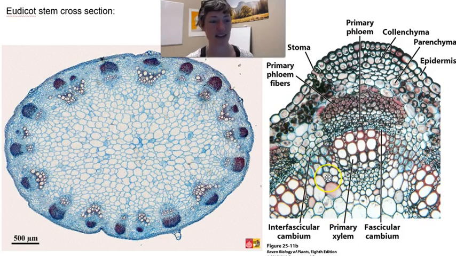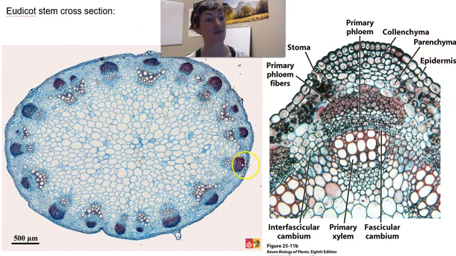We have pith rays that radiate out from the pith, right? So here's our pith, which has these pith rays that come out between the vascular bundles and connect to the cortex, and outside the cortex is the epidermis, our outermost layer. Within that epidermis, we're going to have specialized cells like guard cells that flank stomata and trichomes that are hairs.